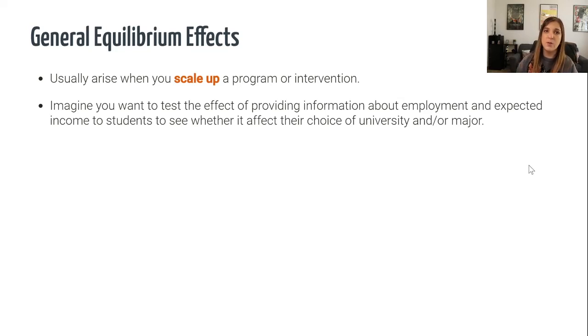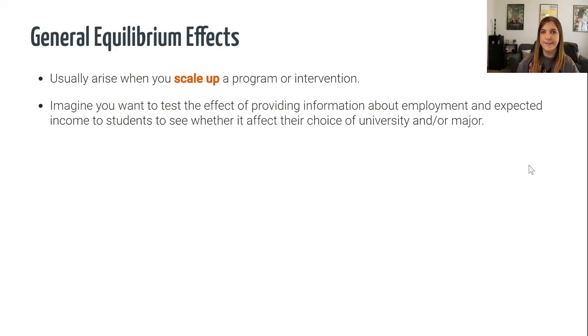Usually what happens is that students sort into majors that have better employment expectations and better income expectations. Great. However, if you provided this to the whole university, or to a larger portion of the university, those effects would not necessarily be the same because there would be congestion effects.